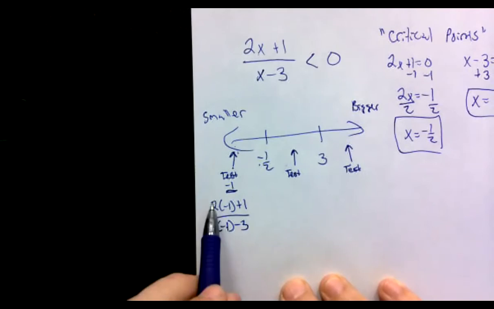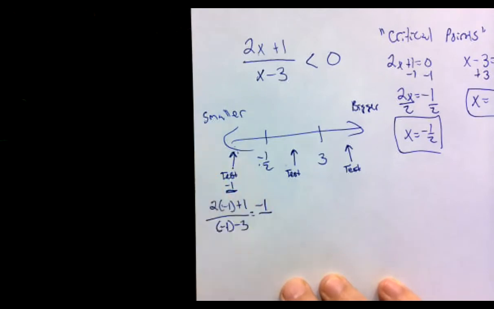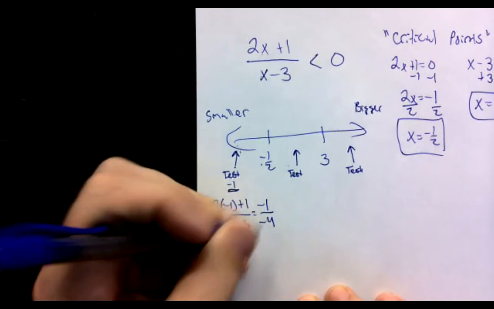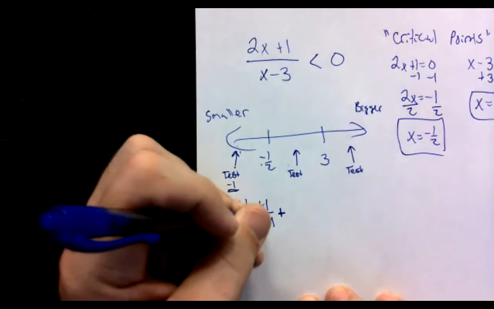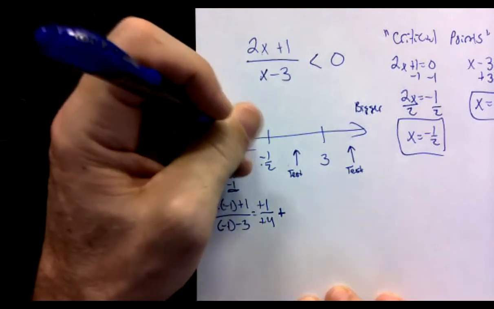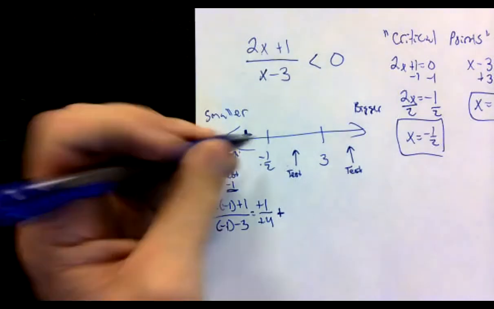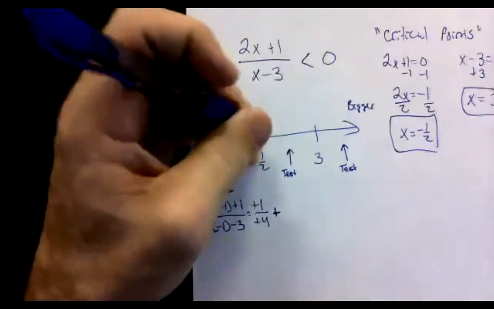So if I plug -1 in, 2 times -1 is -2. -2 plus 1 is -1. -1 minus 3 is -4. -1 divided by -4 is a positive 1/4. So everything in this region is going to generate a positive solution.